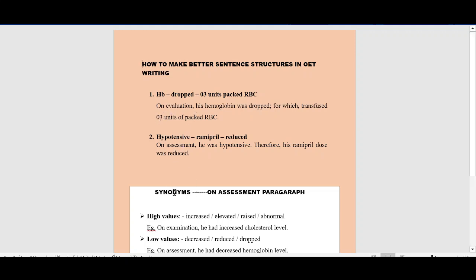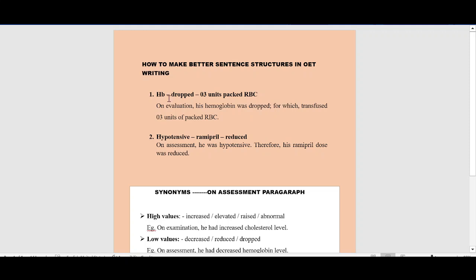These are all synonyms, as I have already explained. So when you mention the evaluation or assessment, you should make the sentence more beautiful by putting sentence structures in between or at the beginning, so your letter is more impressive to the examiner.